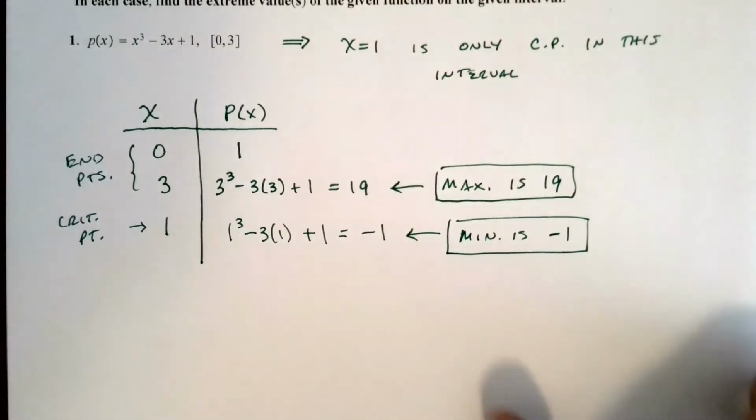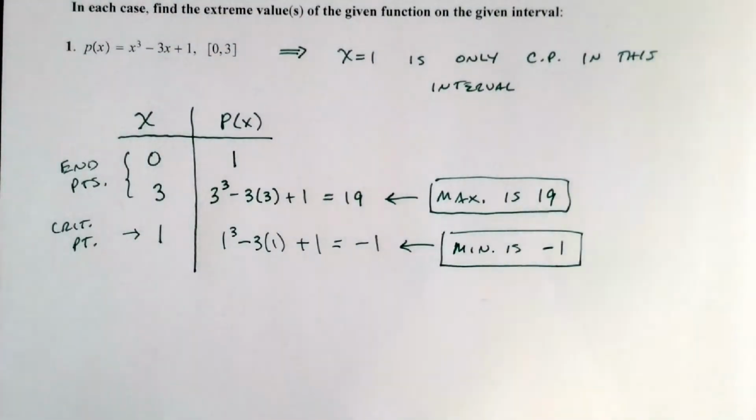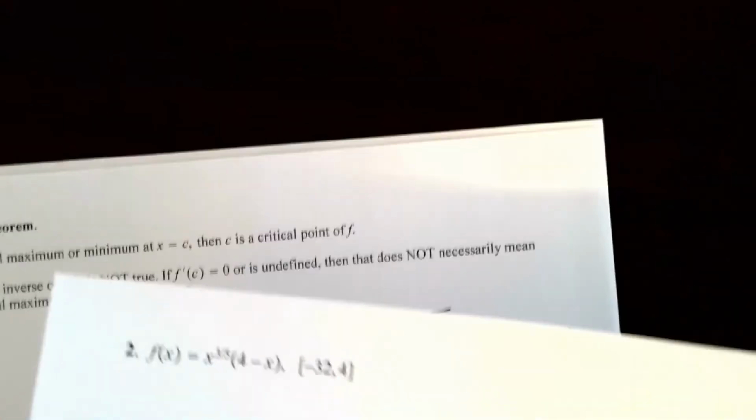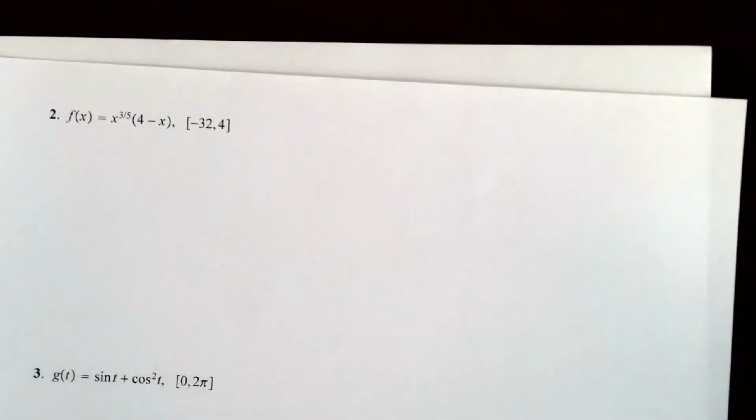Okay. Let's take a look at a second example. In the last video, in fact, all these functions were looked at in the last video, so please make sure you've looked through that to see how to find the critical points.